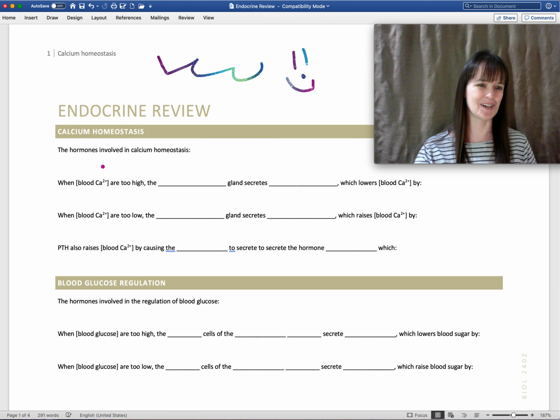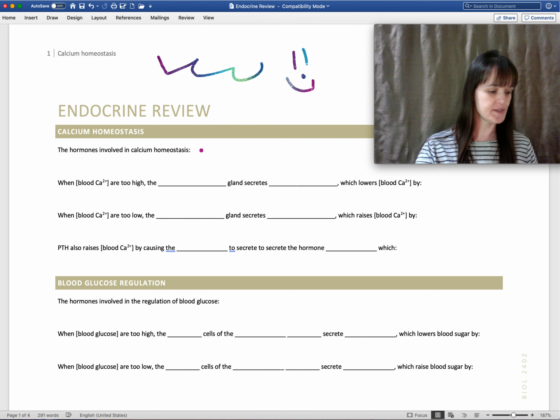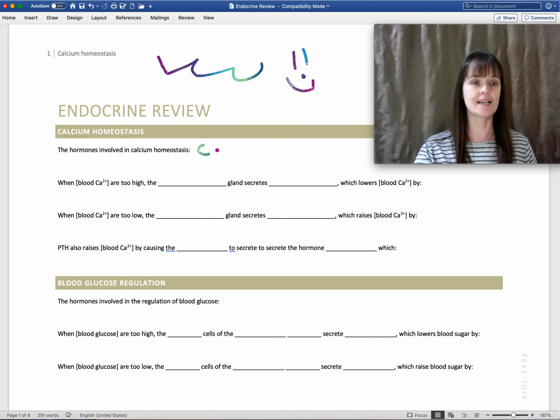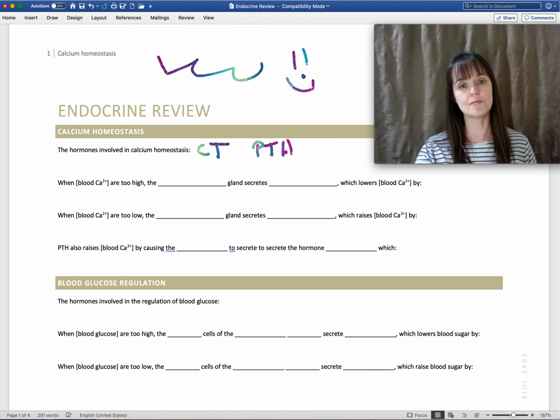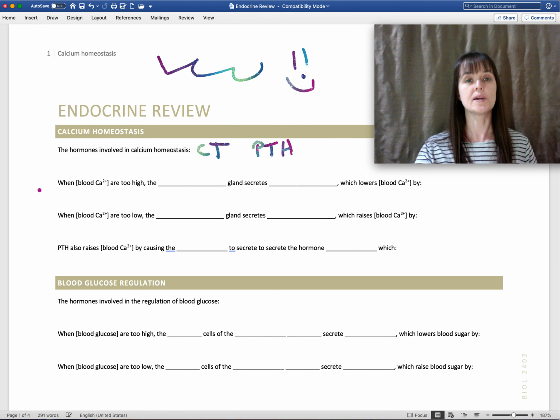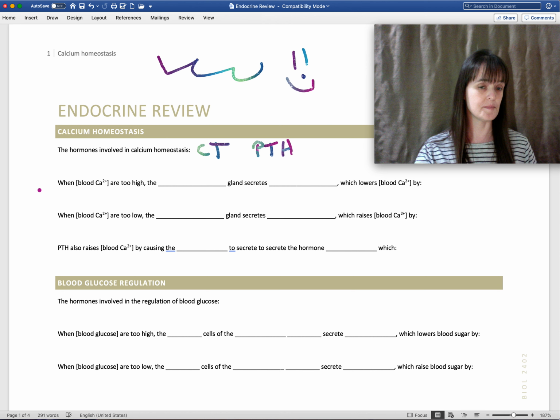Okay, so there are two hormones involved in calcium homeostasis, and that's CT, which is calcitonin, and PTH, which is parathyroid hormone. Again, it was called parathormone back in the day, which I still think sounds cool, but it's parathyroid hormone now.